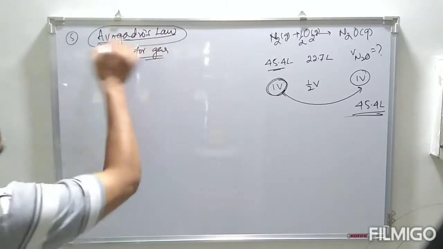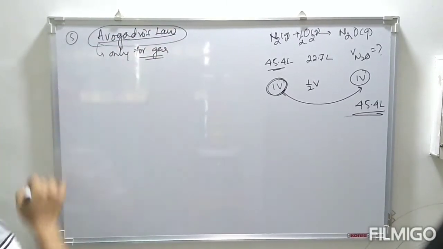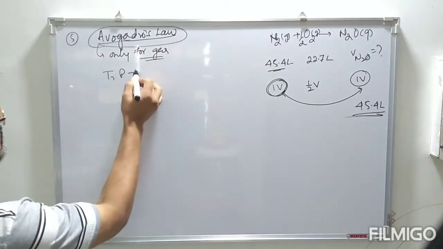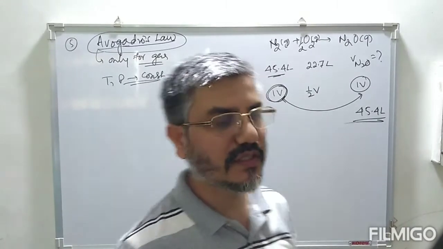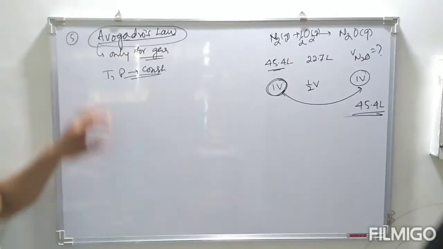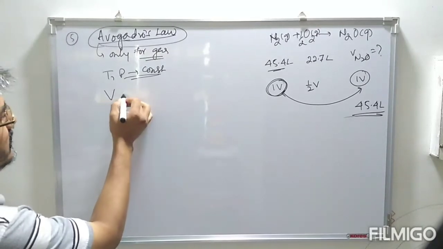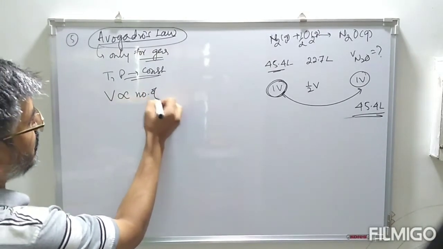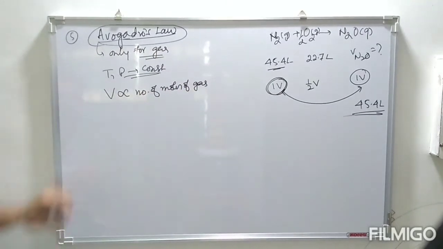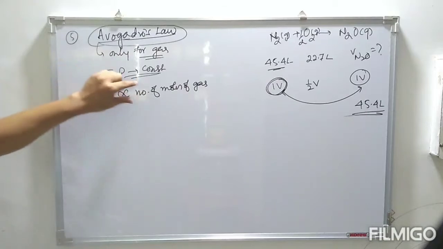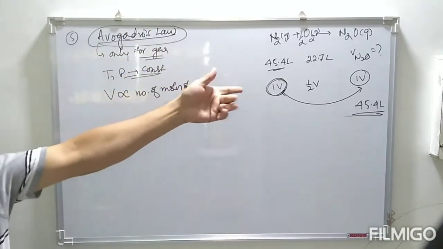So according to Avogadro's law, at a given temperature and pressure, with temperature and pressure remaining constant, the volume occupied by the gas is directly proportional to the number of moles of gas.